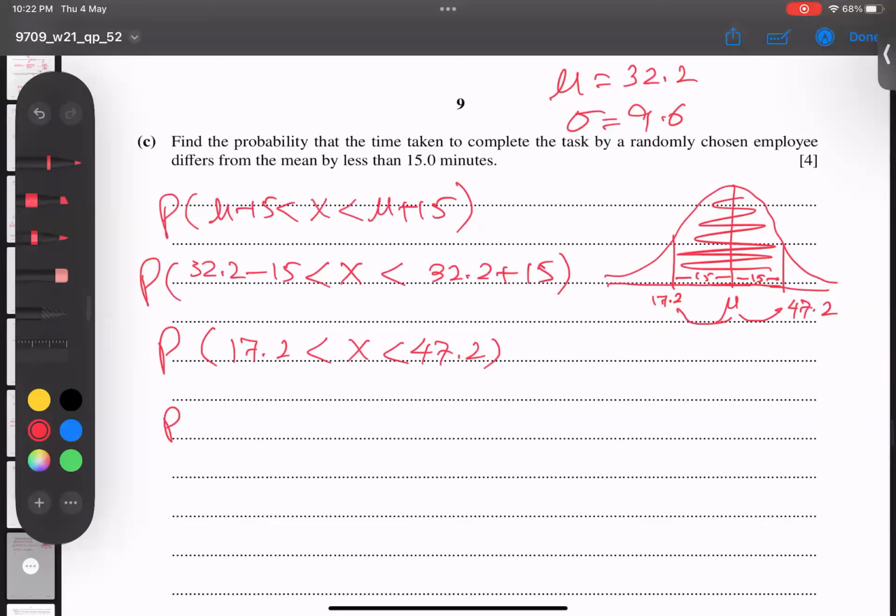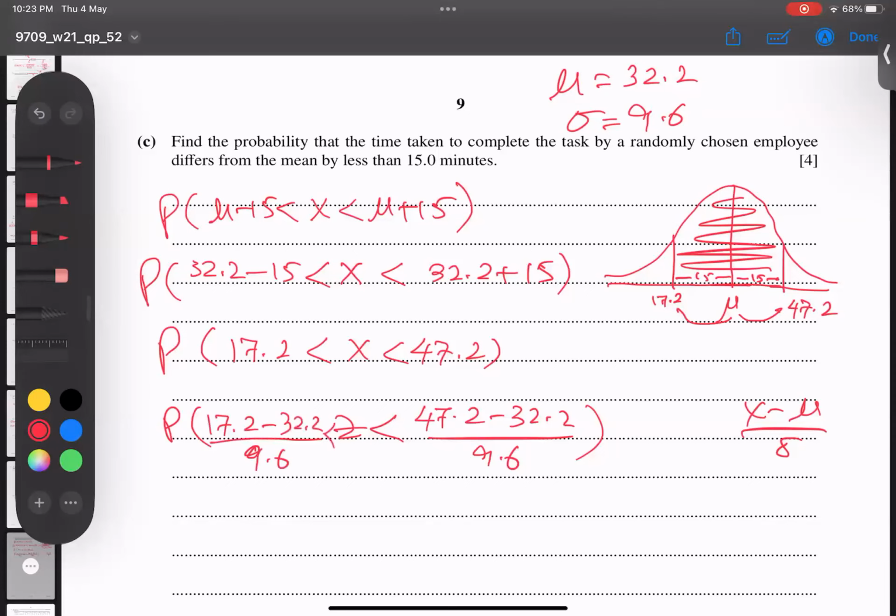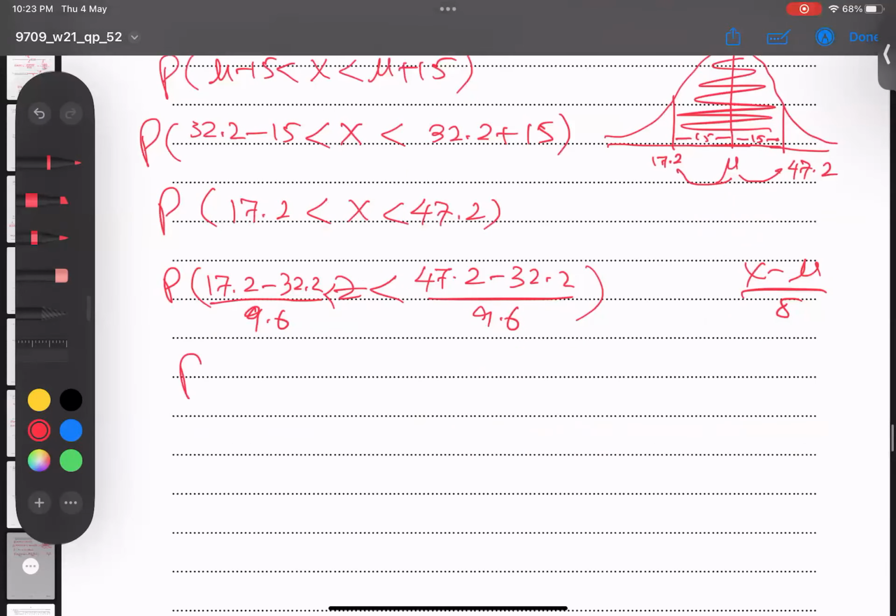Now it is not in normal format. If I convert it, you know the rule: value minus mean, divided by deviation. So the value is this, the mean is 32.2, the deviation is 9.6. Same story, students. 17.2 minus the mean, divided by 9.6, becomes negative 1.563.